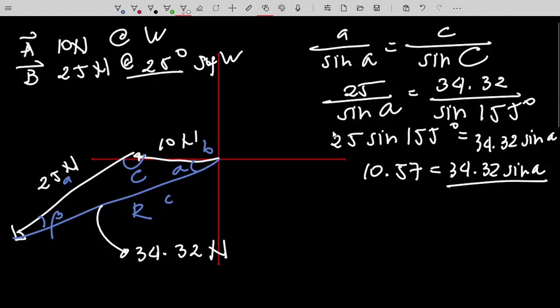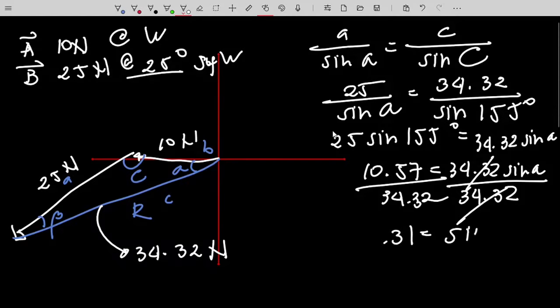Now bring down your 34.32 by dividing both sides by 34.32. Now cancel these two. Now 10.57 divided by 34.32, then you should have the value of 0.31, which is equal to sine alpha.